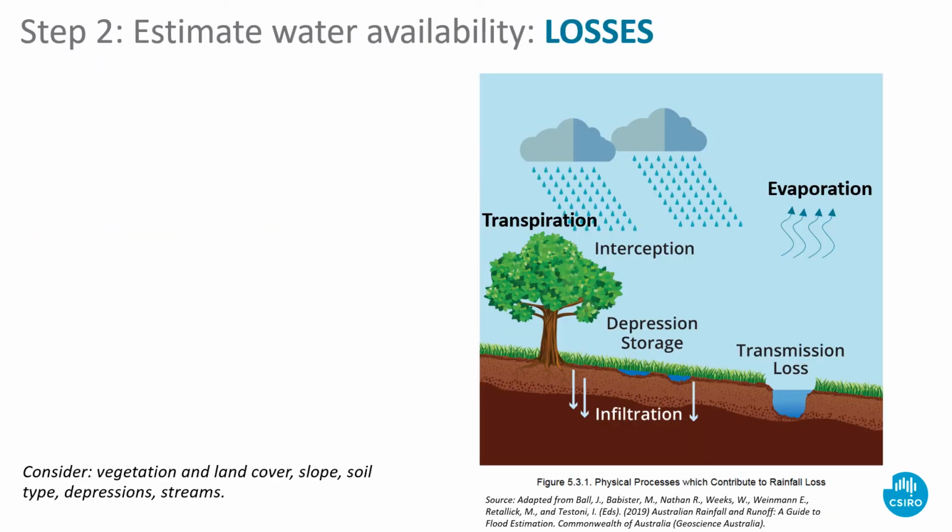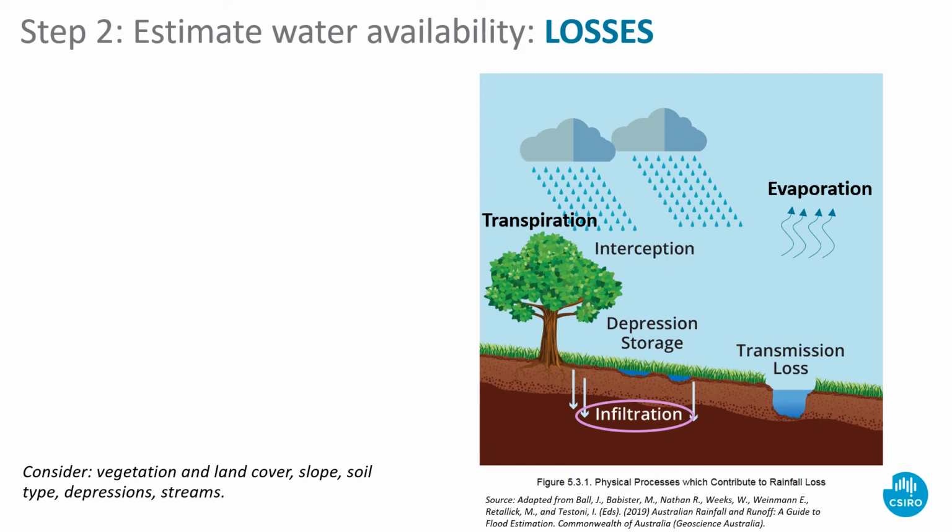Once we have estimated the amount of water falling over the catchment, we can estimate how much water is lost from the catchment, and hence the amount of surface runoff and infiltration. When rain falls from the sky, it may fall onto trees, grass, or bare soil. Only a proportion of this rain reaches the ground to become surface water, or to soak into the ground and become groundwater.